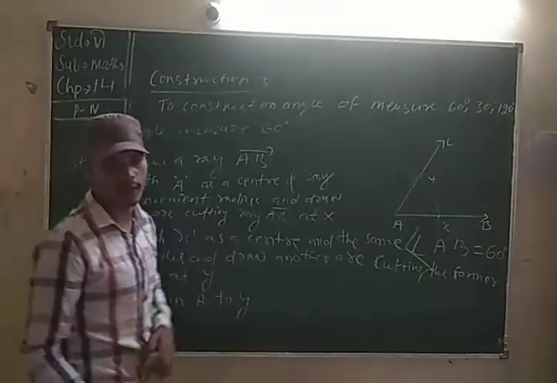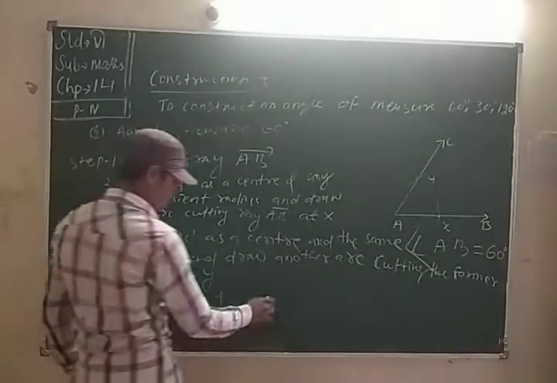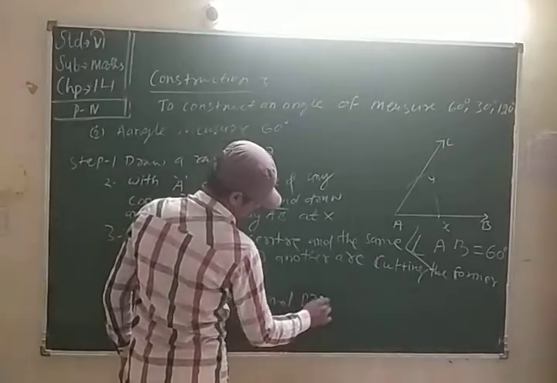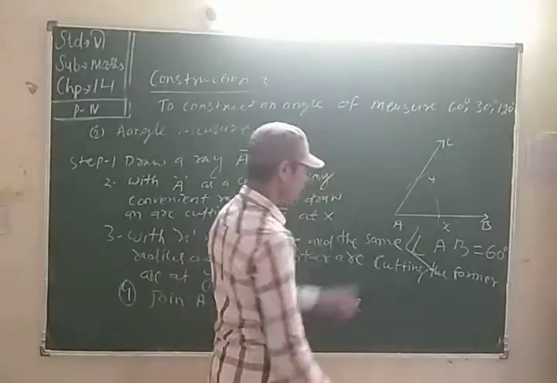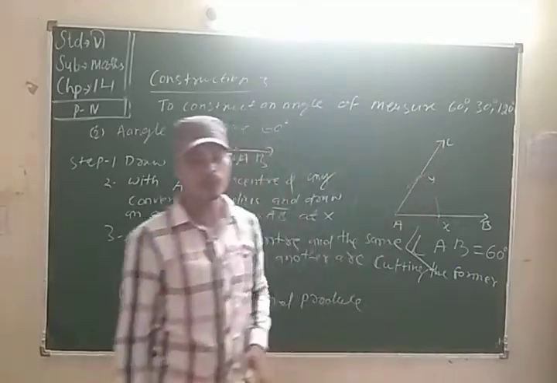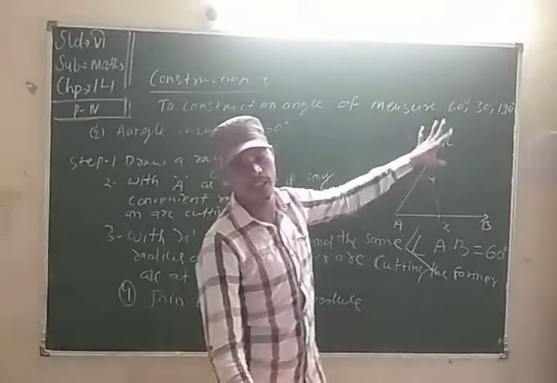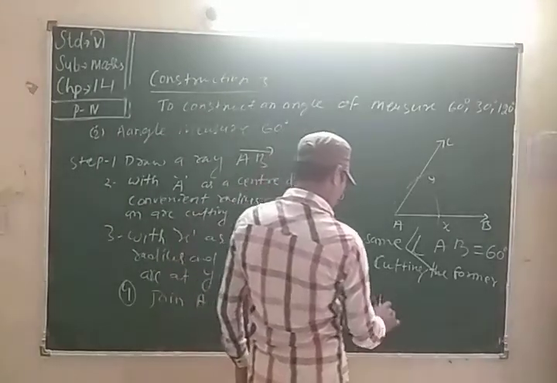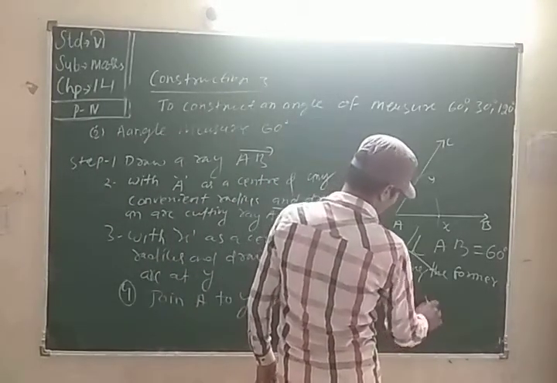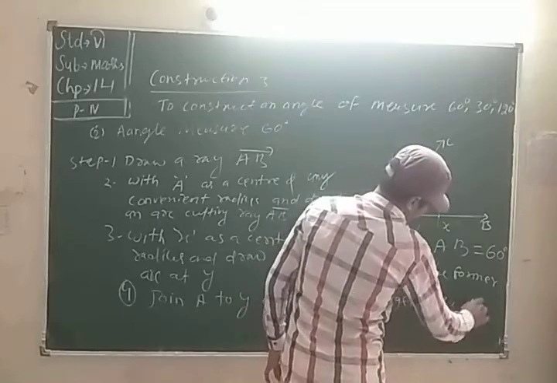Join A to Y and produce it. Which ray? Ray AC. Then we get ray AC.